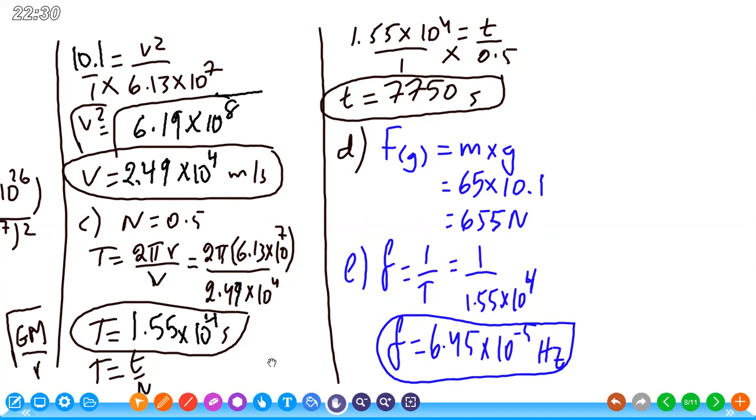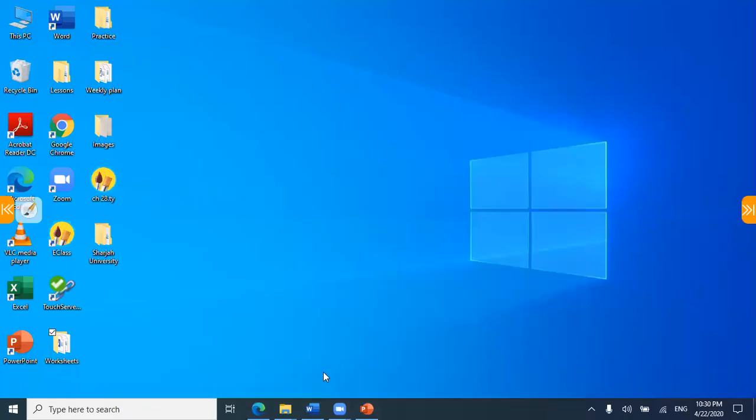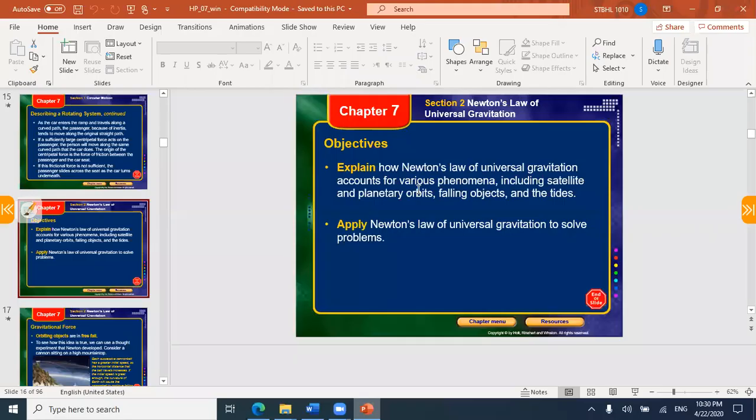Okay, so let's come back now to the objectives. So now we know why planets orbit the sun, why the moons of many planets are orbiting their planets, why our moon is orbiting the Earth, why many satellites are orbiting the Earth.